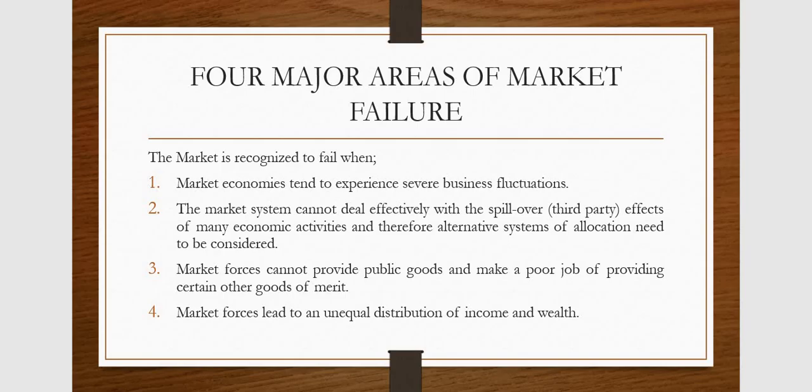And lastly, we say market forces lead to unequal distribution of income and wealth. And so market forces can lead to unequal distribution of income and wealth, as those with more resources can accumulate more. Do you get it? So when it comes to a situation like this, you see, the rich people in some market economy continue to get richer, and the poor people continue to get poorer.